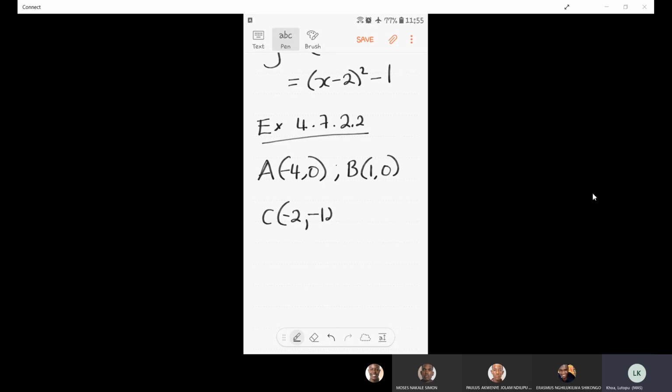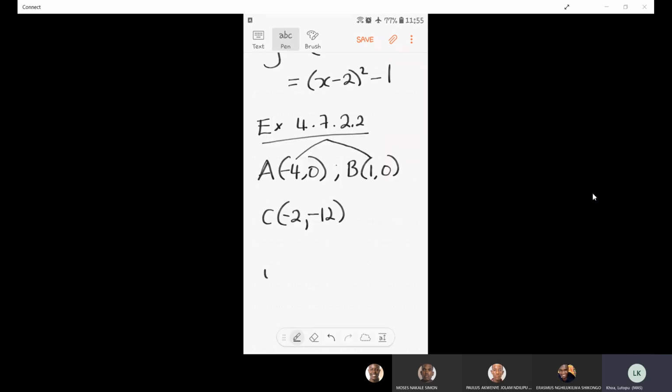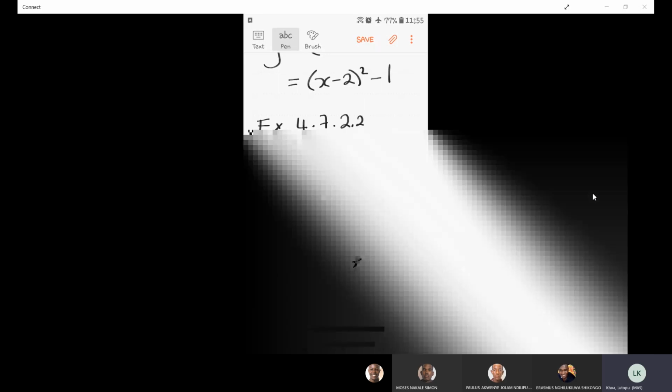Okay, so we have 3 points, but what we notice about these 3 points is 2 of them are the x-intercepts. So these are the roots. So this one and that one, these are our roots. So we can solve them in the same way that we did the very first one. We can also substitute them into the formula y is equal to ax squared plus bx plus c.